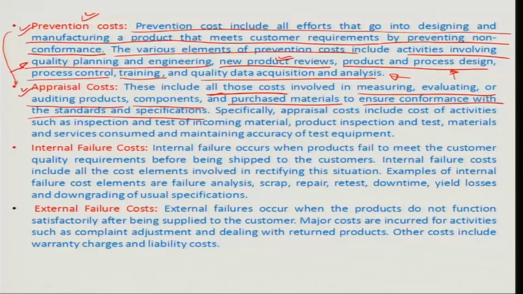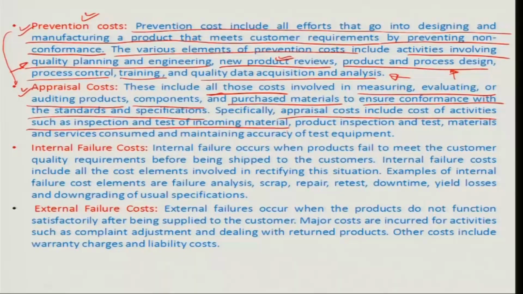So most specifically, the appraisal cost would include cost of activities related to inspection, test of incoming material. There is, for example, a parts inspection cell which is always there when we are talking about vendor development or supply chain management systems.